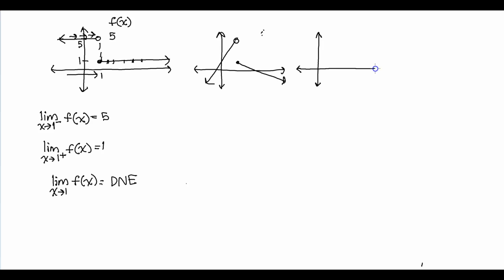Okay, so let's look at the graph of f of x equals 1 over x. So what does f of x approach as x approaches 0?